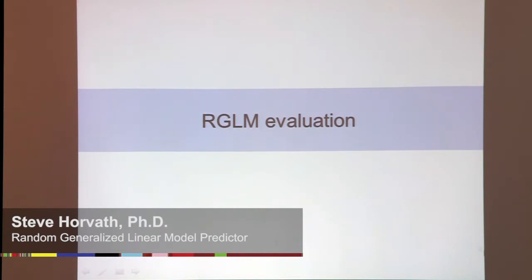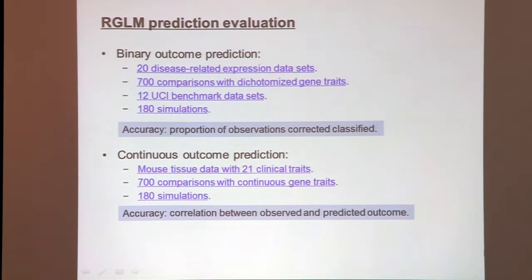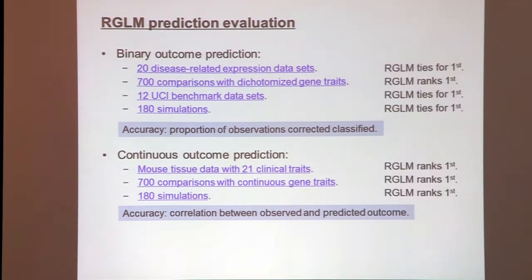Now, let's evaluate this approach. As I mentioned, we carried out very comprehensive empirical studies of various prediction methods. And it turns out that in all of these comparisons, the random GLM ranked very highly.